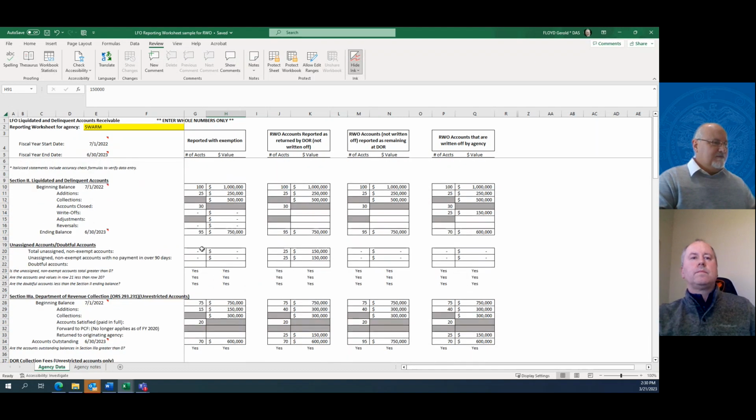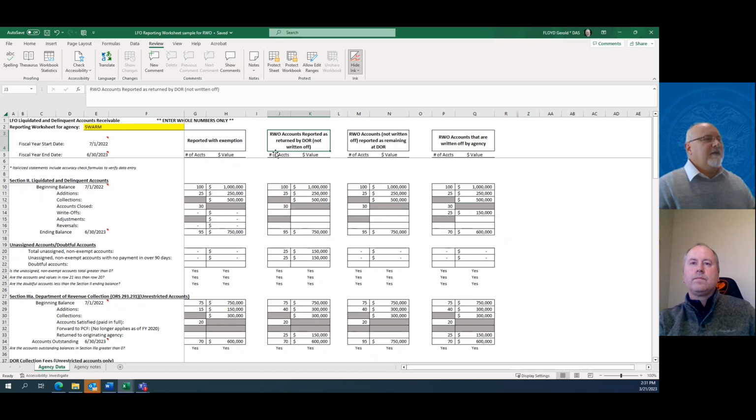And so as a result, the formula for the unassigned non-exempt shows 0 accounts. Everything is either at DOR or is exempt from assignment as identified, in this case by SWARM, but by the agency. So you don't have anything that would be unassigned over 90 days with no payment. That's when you have an exemption.